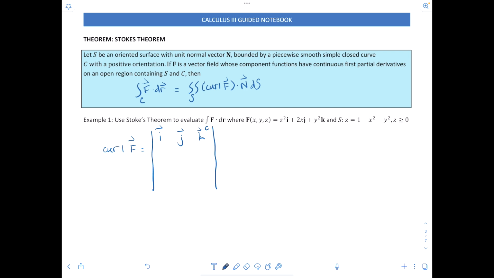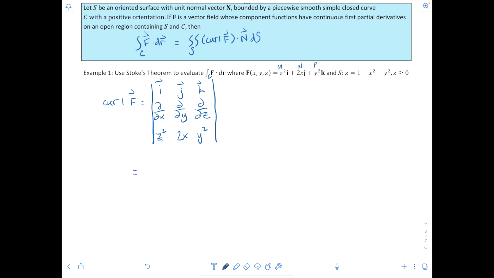the determinant of i, j, k, and then we're going to have the first partial with respect to x, first partial with respect to y, first partial with respect to z, and then this is our M, N, and P. So we'll have z squared, 2x, and y squared. Okay, so this curl is equal to, again, I'll expand across i, j, and k.